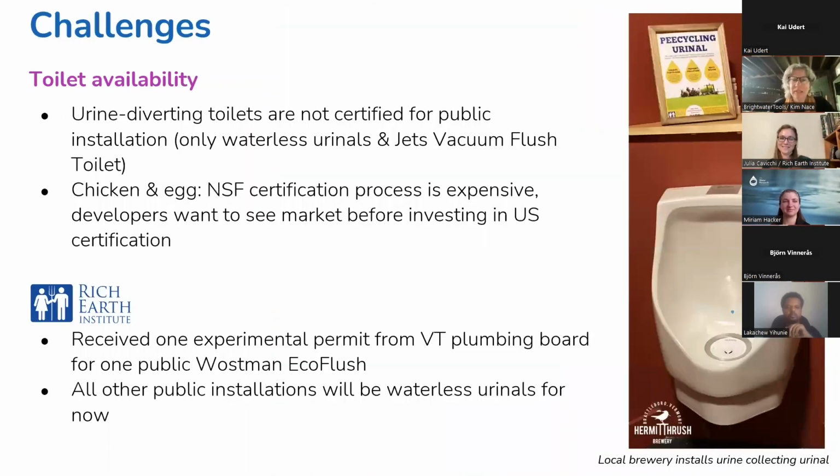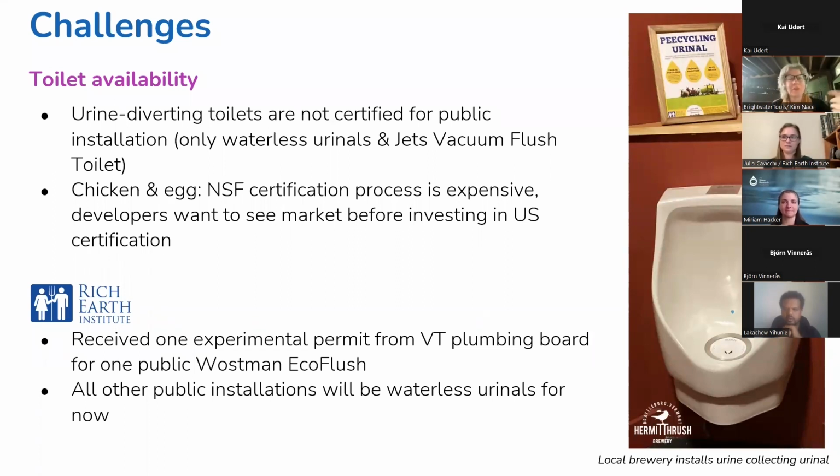So yes, there are challenges. Some of the other challenges that we have here are toilet availability. We cannot use the Laufen Save and the Bostman. We can put them in individual homes, but they are not certified through the National Sanitation Foundation. It's very expensive to do that, so none of these companies want to do that until they know that there's a market.